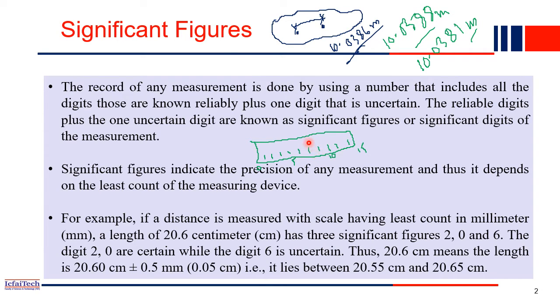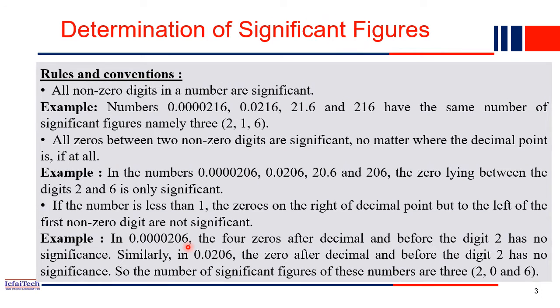So the maximum error may come, that is the thing. So this lies between 20.55 centimeter and 20.65 centimeter. If different persons measure with the centimeter scale, one may get a value in this range. So now you understand, using the centimeter scale, one example I have shown, that for 20.6 centimeter you get three significant figures.